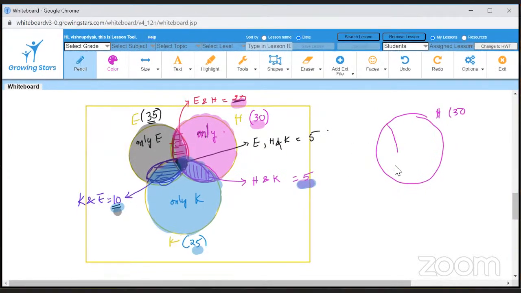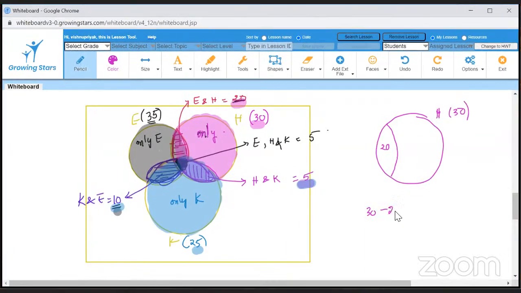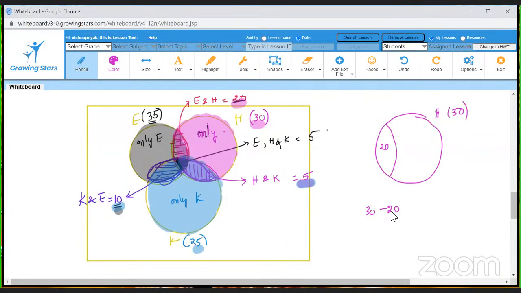From 30, I will remove these 20 people, because these 20 people speak English also. So now I have 10. From 10, I will remove these 5 people also. Why am I removing 5 people?